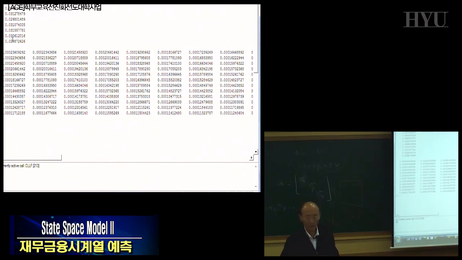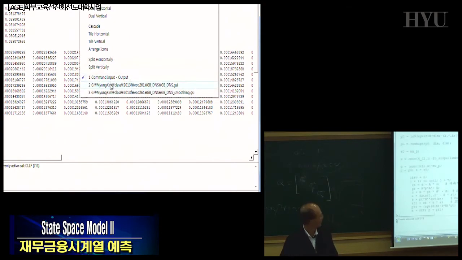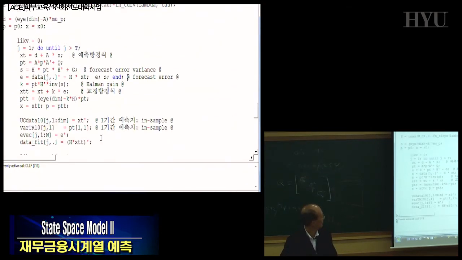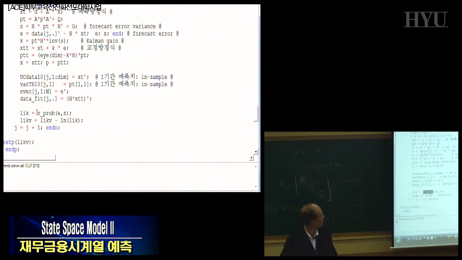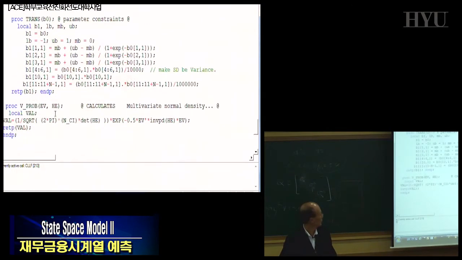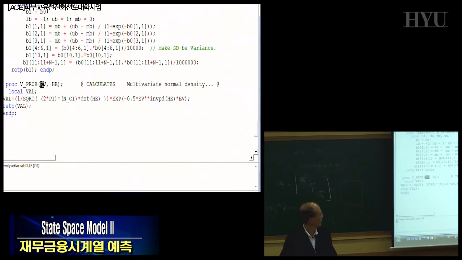Error vector, its covariance. Those are fed into this function, and that function is this one: error vector and its covariance.